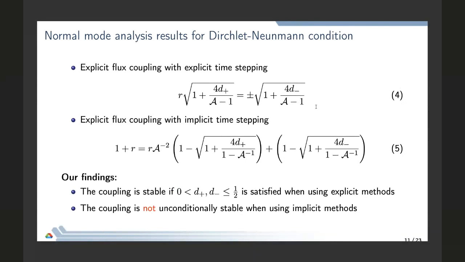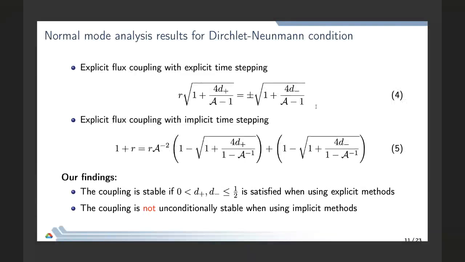It's hard to establish a closed form relation between these parameters. However, we can prove that when using explicit methods, the coupling is stable if the normal CFL condition is satisfied, which means that D is between 0 and 1/2.